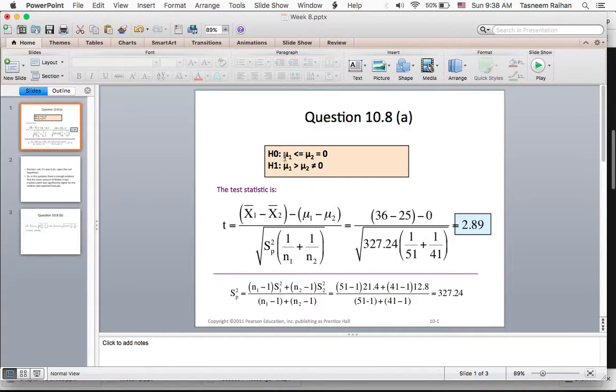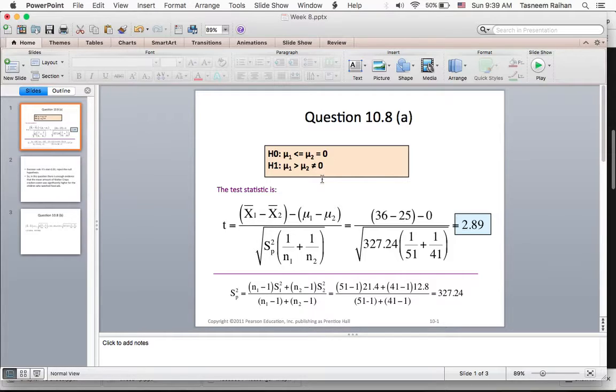The null hypothesis H naught is that mu1, the mean of population 1, is less than or equal to mu2, the mean of population 2, so mu1 minus mu2 is less than or equal to 0. And the alternative hypothesis is that mu1 is greater than mu2, so mu1 minus mu2 is greater than 0.